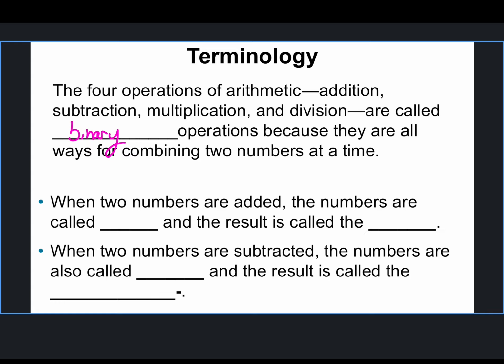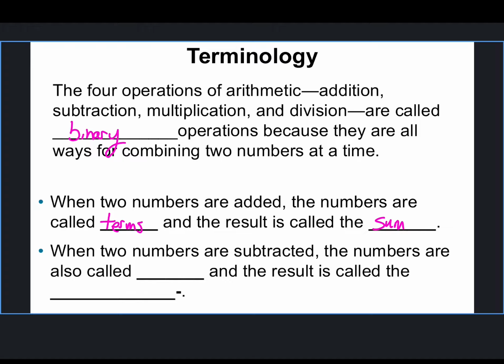Now, when two numbers are added, the numbers are called terms, and the result is called the... I'm going to let somebody else answer this one other than me. What is it called when we add two numbers together? The sum.